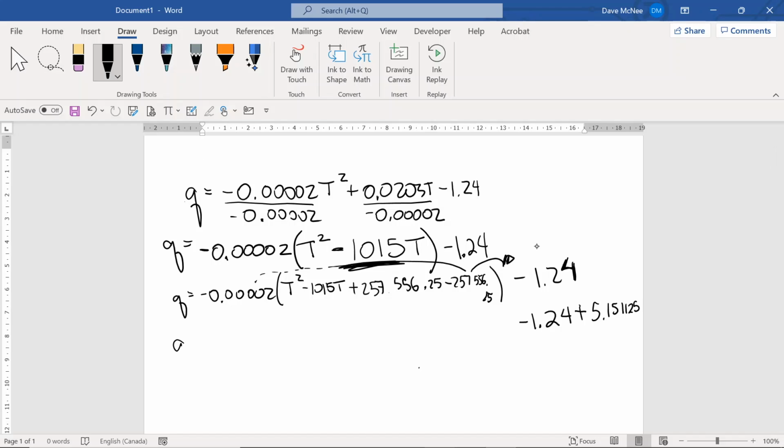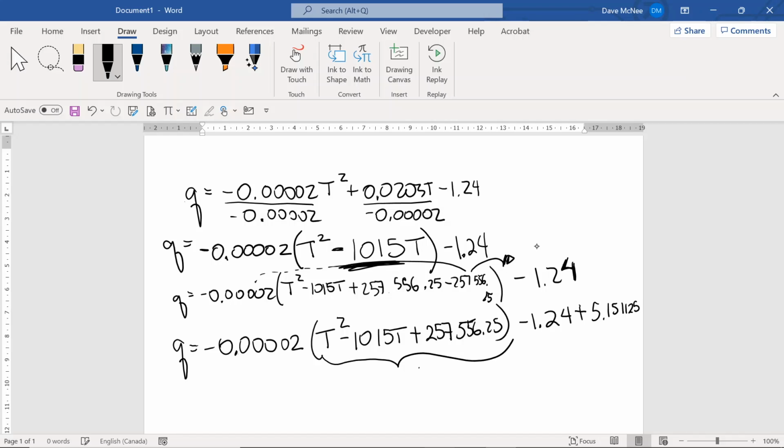But now I'm going to worry about my middle piece. So I'm at negative 0.00002 bracket t squared minus 1015t plus 257,556.25 and bracket here. And now I have to again recognize that this trinomial in the middle here is a perfect square that I've manufactured.